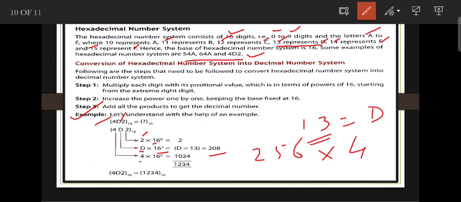The addition of all these numbers is 1234. So this is the hexadecimal number, and when we convert this hexadecimal number 4D2 to decimal, it is 1234. All of you have to practice some examples like this.